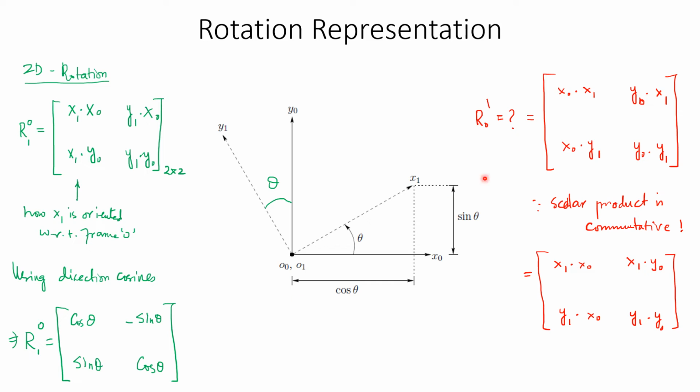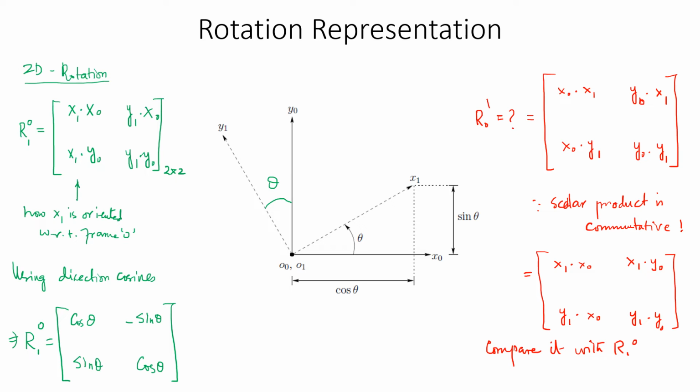And what we have done, just for the sake of clarity, is we have reversed the order. x1 is brought on this side of the dot product and x0 is brought to the other. So all these elements are rewritten, because we have realized that the scalar product is commutative in nature. With this realization that you have now got this matrix, you can compare it with R10.